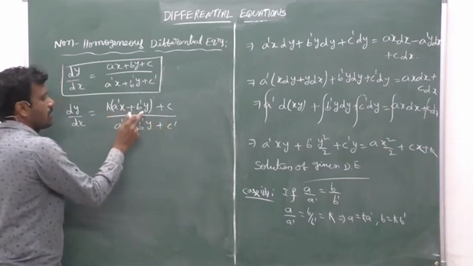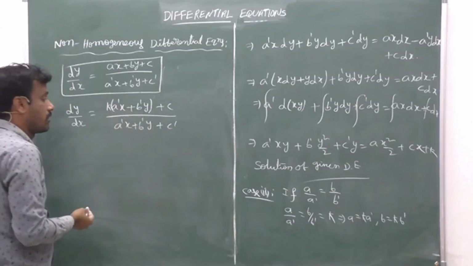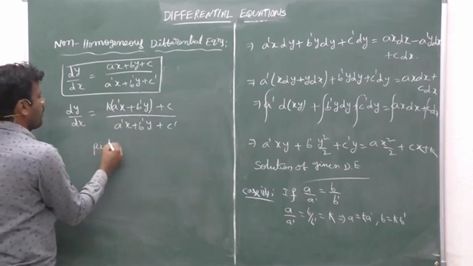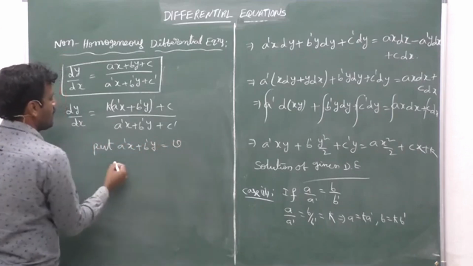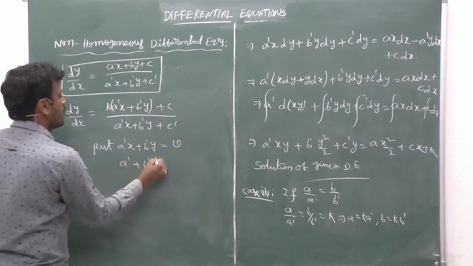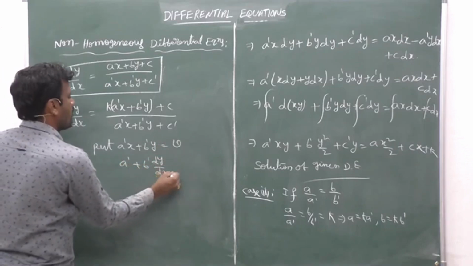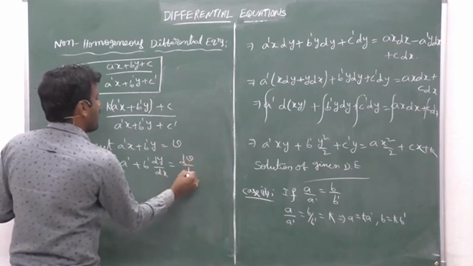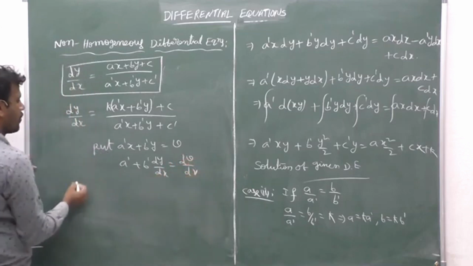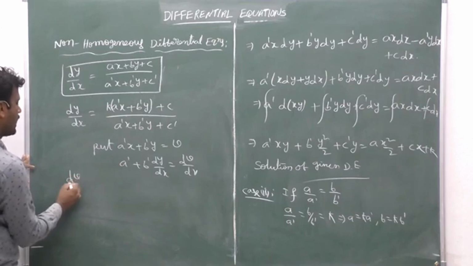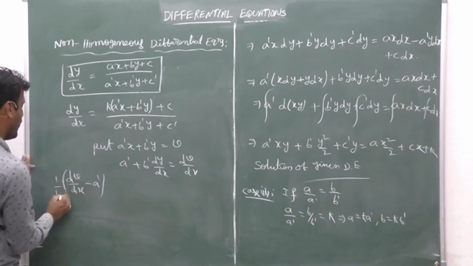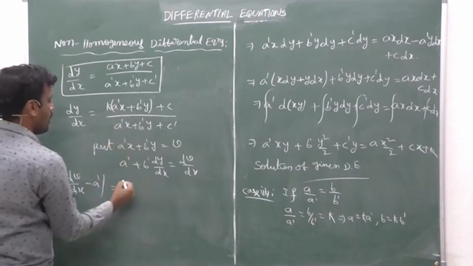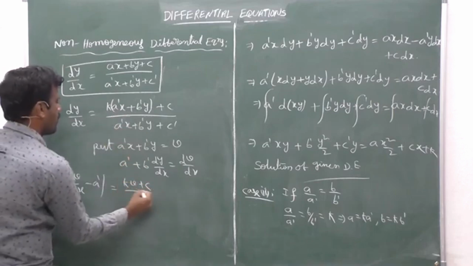Therefore, here a dash x plus b dash y, here also a dash x plus b dash y. Therefore, put a dash x plus b dash y equal to v. Differentiating on both sides, a dash plus b dash into dy by dx equal to dv by dx. That implies dy by dx equal to (dv by dx minus a dash) into 1 by b dash equal to (kv plus c) by (v plus c dash).